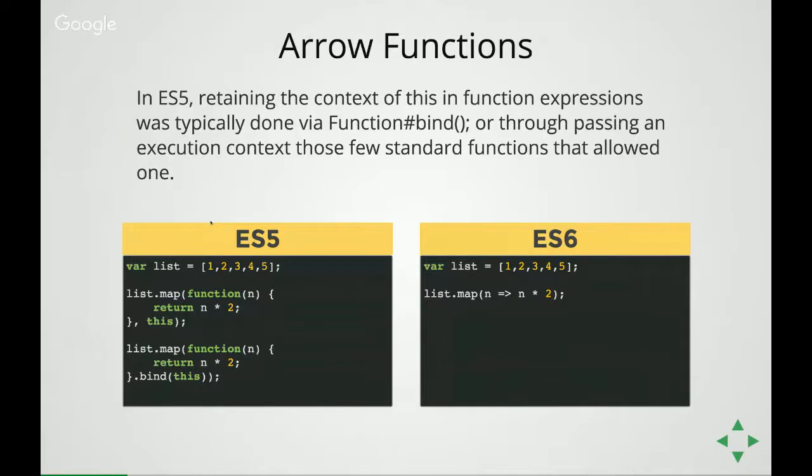In ES6, we don't have to do that. We can actually just create the arrow function, and the arrow function will actually retain the context just fine. So this inside of an arrow function is the same this context as the surrounding parent scope. You don't have to pass new context in or do anything weird like binding to get it.